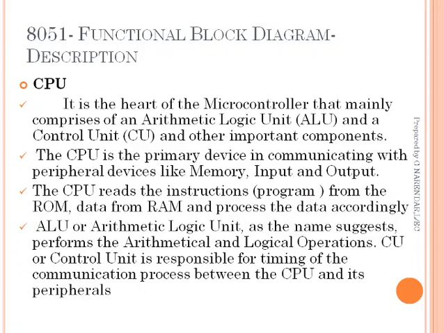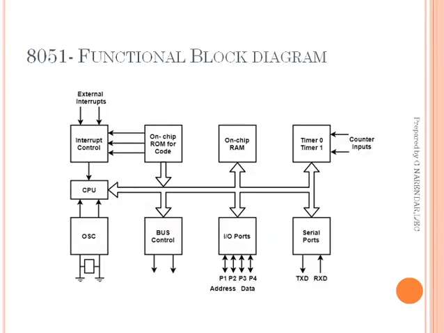and this control unit is responsible for providing certain timings for the communication process between your CPU and other functional blocks. Here you can see that the CPU is communicating with all other functional blocks, and if every other circuit wants to communicate with the CPU at one particular instant, it cannot. So the CPU must provide certain timing for every other functional block, so that things happen sequentially one after the other.